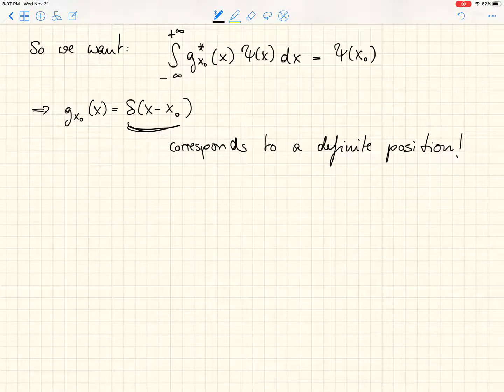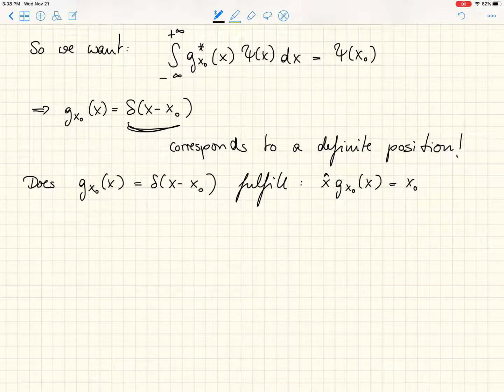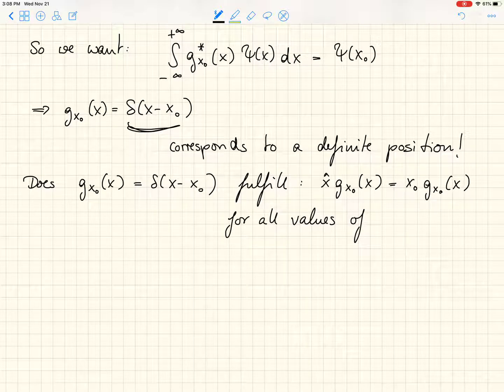Let's think about this a bit more and test if the eigenvalue equation actually is fulfilled. So does the Dirac delta function actually fulfill the eigenvalue equation, which would be x times g_x0 of x is equal to x0 times g_x0 of x, for all values of x, so at any position x?